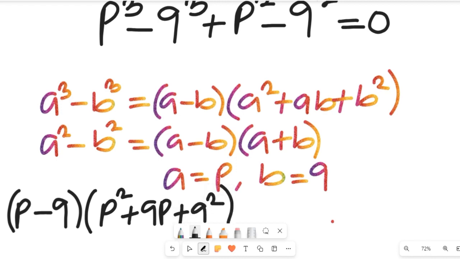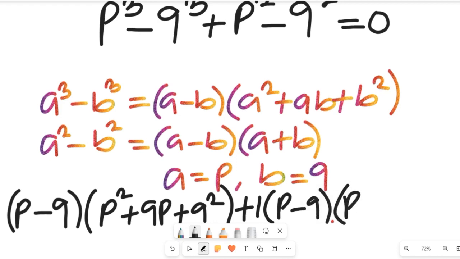Then from the next expression, we are going to have plus 1 multiplied by p minus 9, and then we'll have p plus 9, and this will be equal to 0.